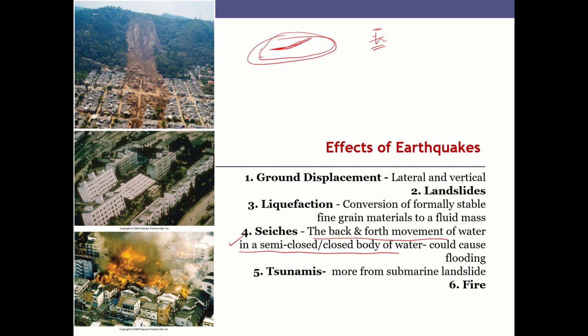For example, let's say there is a swimming pool, and if we are shaking or laterally moving the earth, what will happen? Naturally the water will move. This will lead to back and forth movement of water as well.